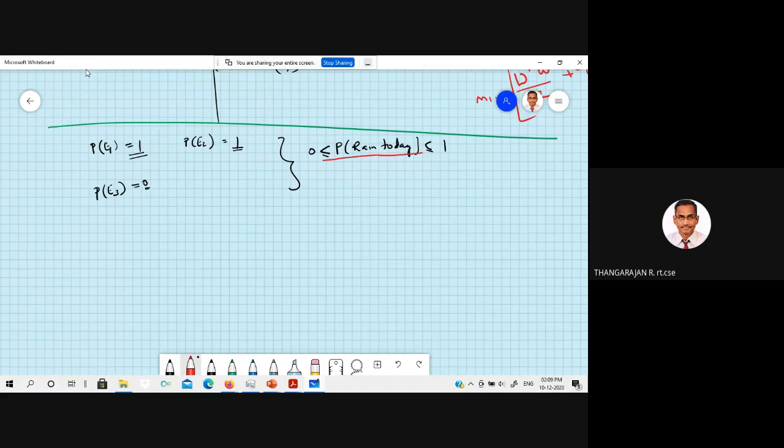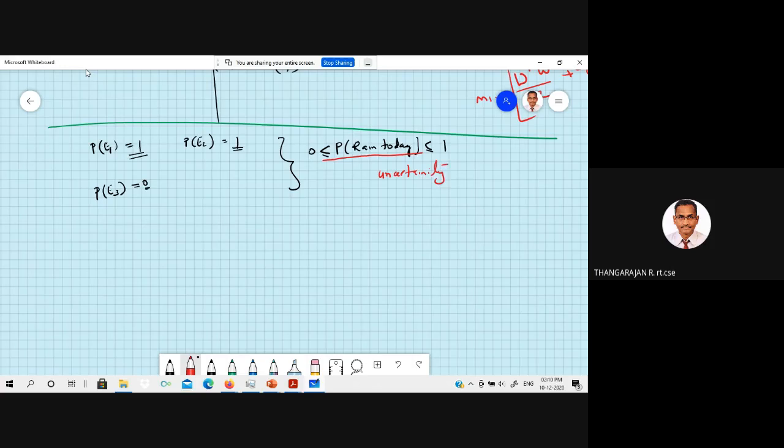It includes 0 and 1 also. So that means it may not rain, it may rain, or there is some vagueness or uncertainty. This is what we say uncertainty, uncertainty in the data. So this uncertainty is what we measure.